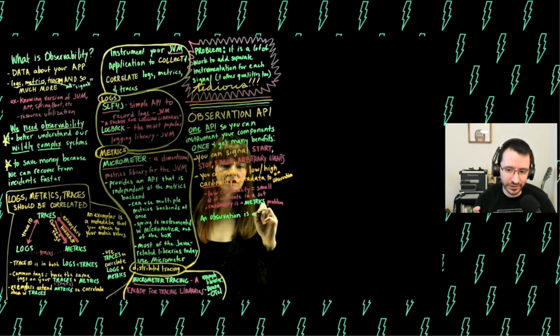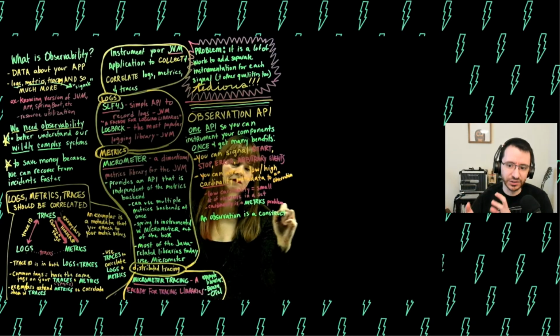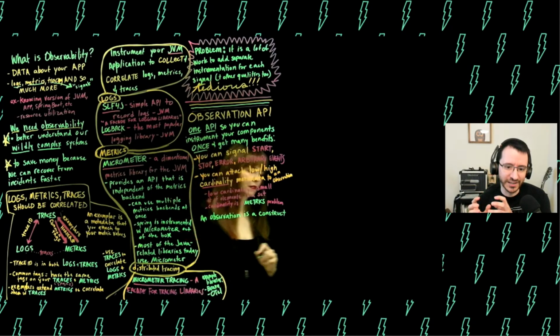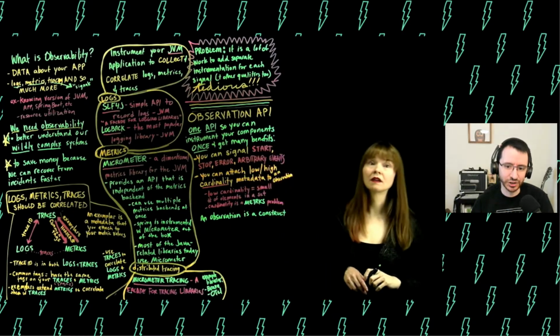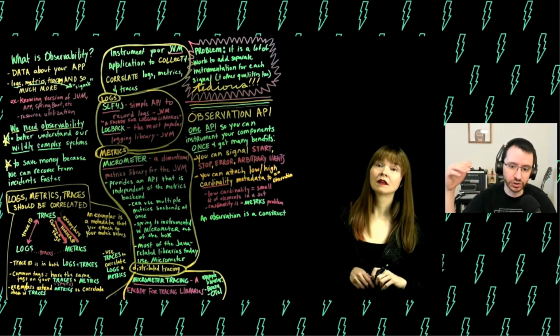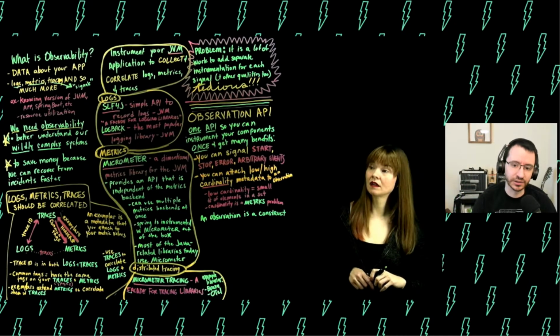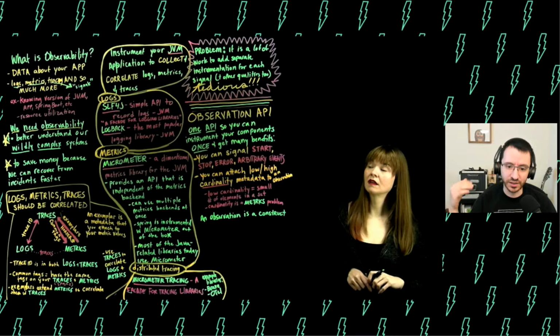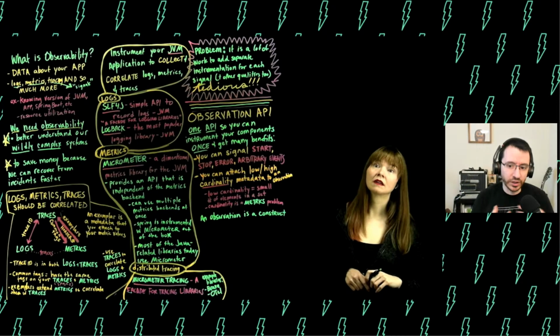Let me go there, and it will be easier to grasp what you can do with the observation API. Because if you just do what you wrote on the table, you start an observation, if there was an error, you signal it, you add metadata, and then you stop the observation. Okay, but what will happen?